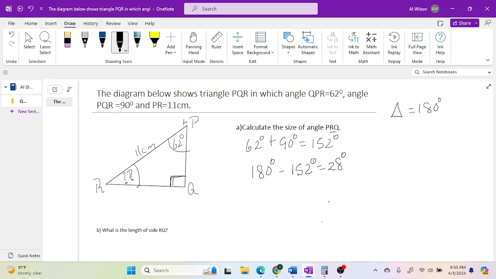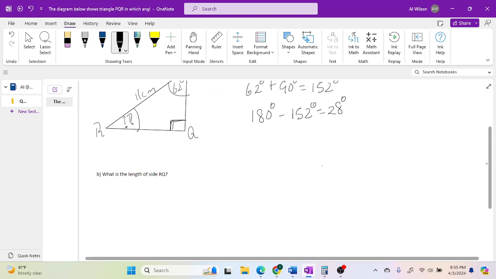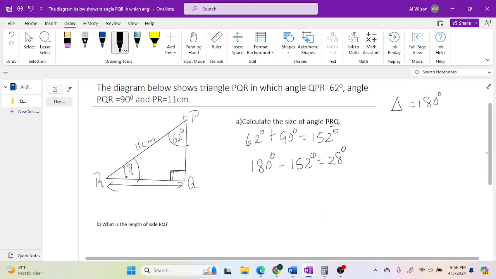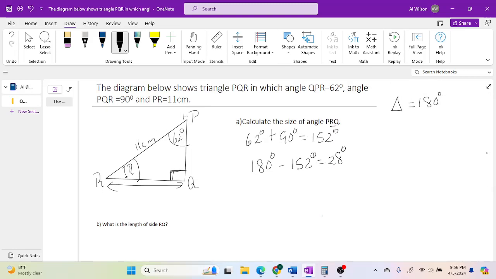Notice that this is just a basic approach to solving. Let's move on to the next part, where we're asked to solve for the length of the side RQ. So here is RQ, that's the side we're working on. With that being our focus, we need to pay attention to what we're given. Here's the hypotenuse. But then we run into a little bit of an issue: where's the opposite?